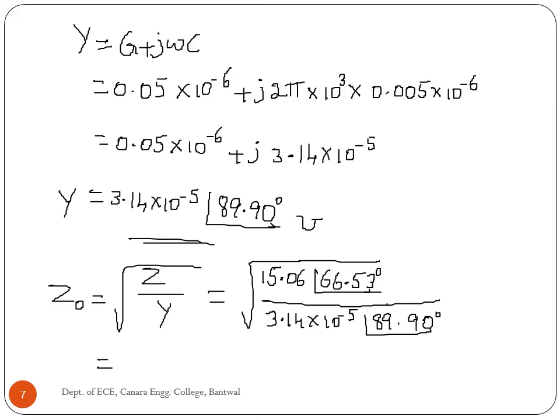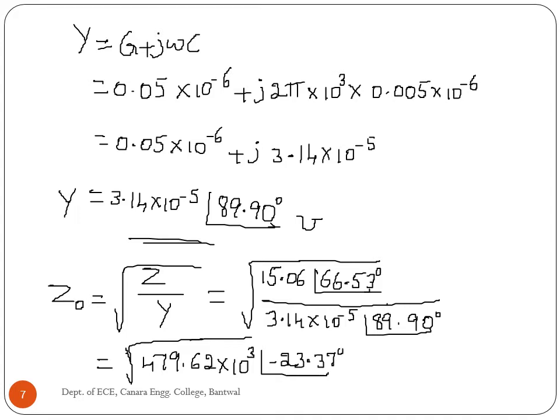After dividing 15.06 by 3.14 into 10 to the power minus 5, we will get root of 479.62 into 10 to the power 3 angle minus 23.37 degree.